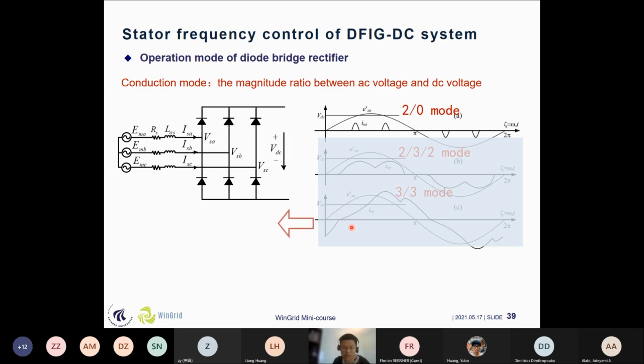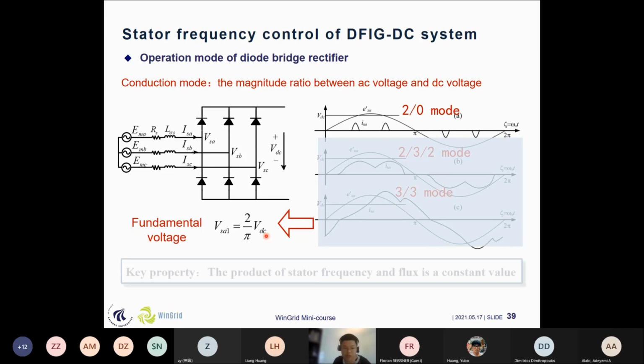And based on this, if we are working in these two main modes, there is a very, very important characteristic of this topology: the fundamental voltage of the stator side is equal to 2/pi VDC.